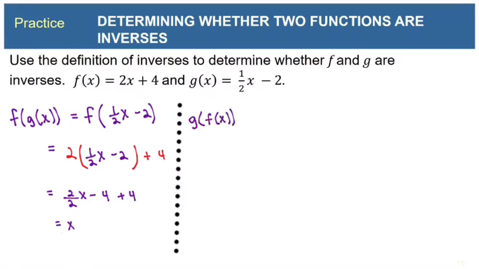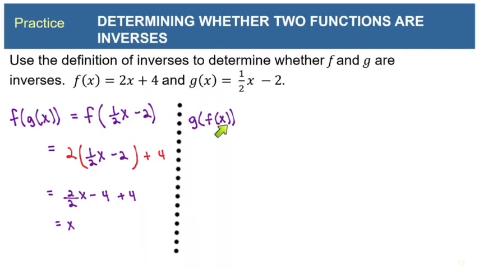And now let's compose the other direction. So we'll look at g of f of x, which is going to be g of 2x plus 4. Now we will plug the 2x plus 4 into the g function. So 1/2 x minus 2 is going to become 1/2 times 2x plus 4 minus 2.